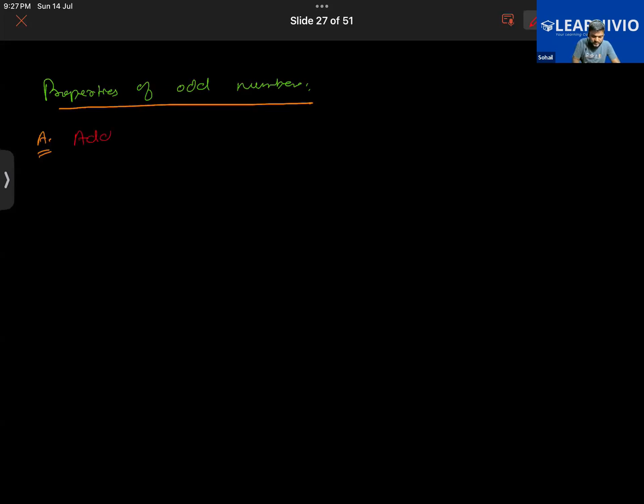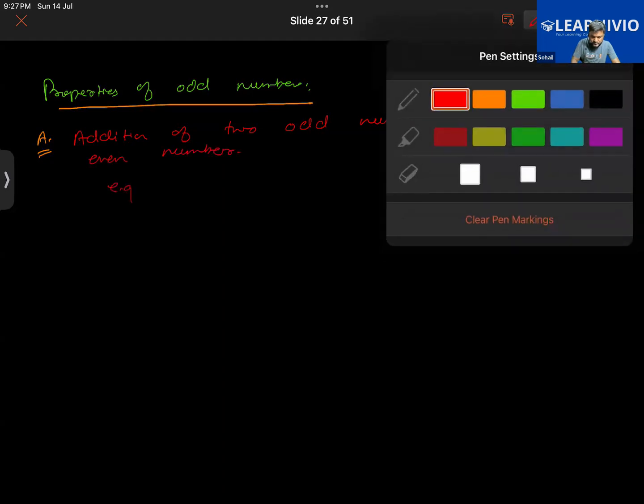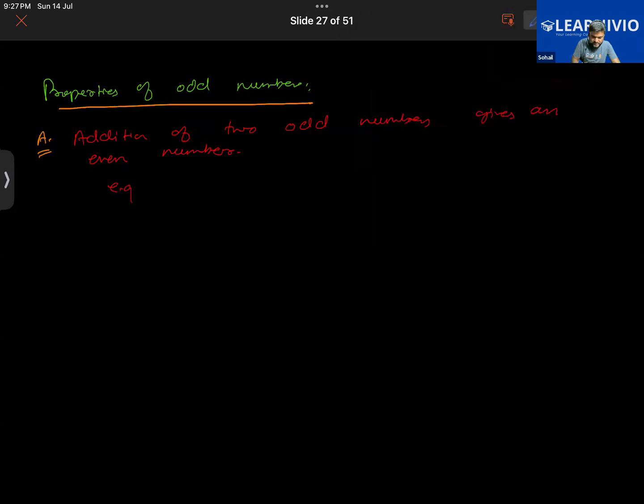The property A says that addition of two odd numbers gives an even number. For example, 13 plus 15, both of them are odd numbers, that is 28.